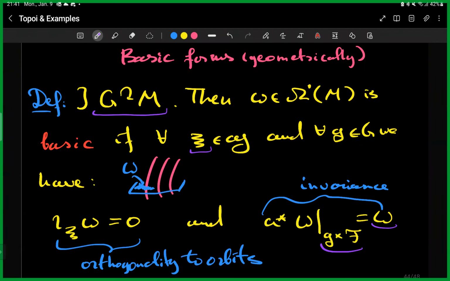Or, if you want, this means, sorry, A with upper star.